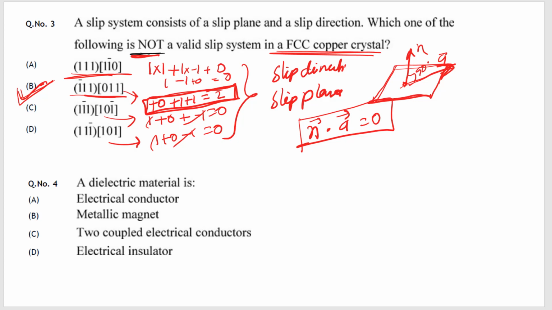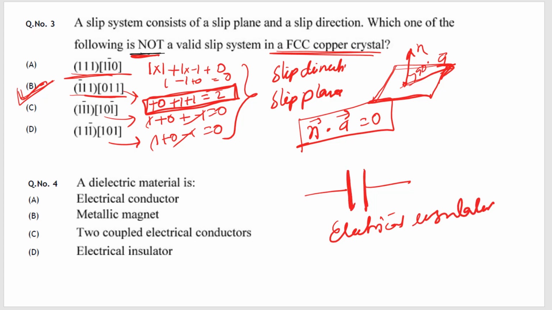Is it an electrical insulator, metallic magnet, two coupled electrical conductors, or electrical insulator? We know a dielectric material is nothing but an electrical insulator. Okay, so what happens? There are two metal or dielectric material which are kept parallel, and we apply some current over there.